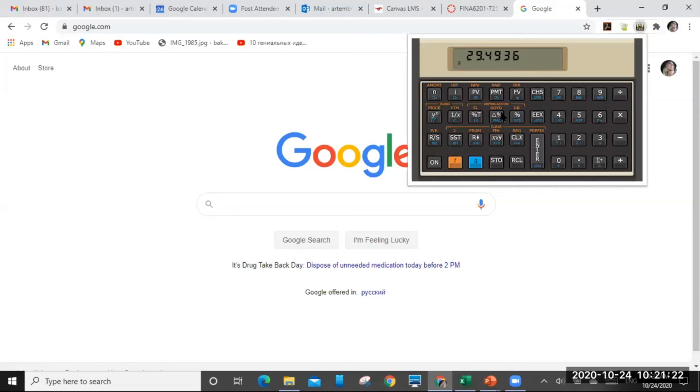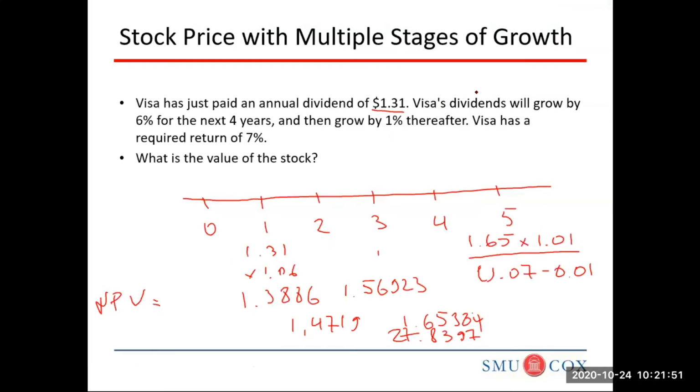So that's the cash flows. And then our interest rate is 7%. We press F and NPV. So we get $26.3575, about $26.35. So that's the answer to this problem.